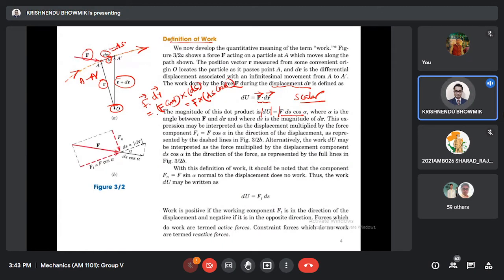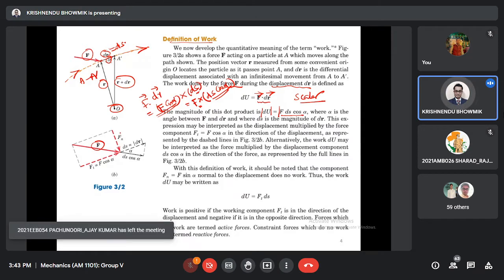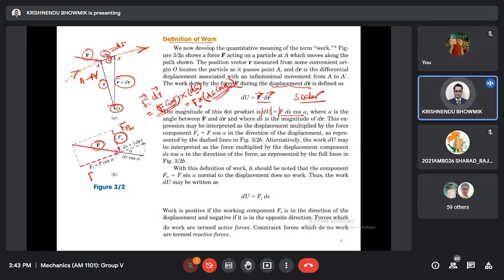Either we take the force component along ds or the ds component along the force direction. The force can be decomposed into two components, Ft tangential and Fn normal.